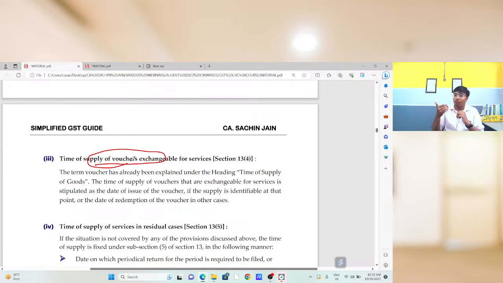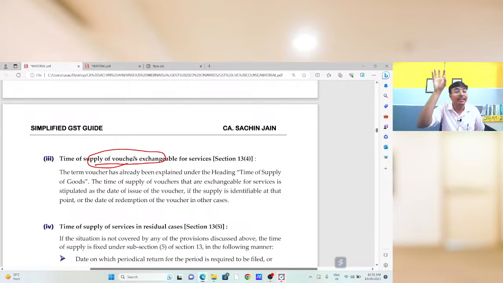In weeks 1 to 2, we are going to discuss the provisions of law, and one week we are going to completely discuss the practical aspect and practical applicability of the provisions of law, so that you will get an idea of how you are going to decide the type of supply in the case of vouchers.